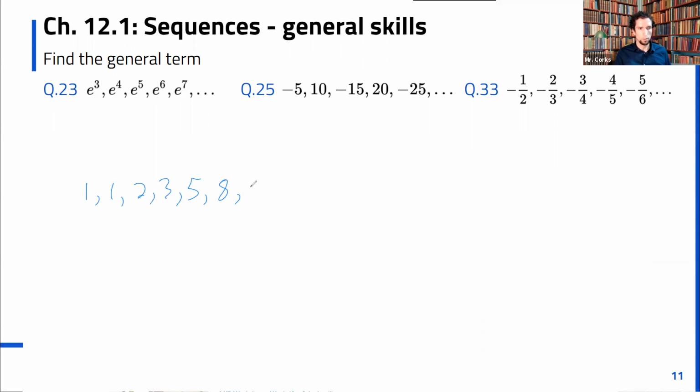Just trying to remember this. 1, 1, 2, next one, 5. This is a very famous sequence in the math world. Does anyone see what's happening here? We can't define this with just a single general term. This is a different case. We'll have to talk about it a little differently.